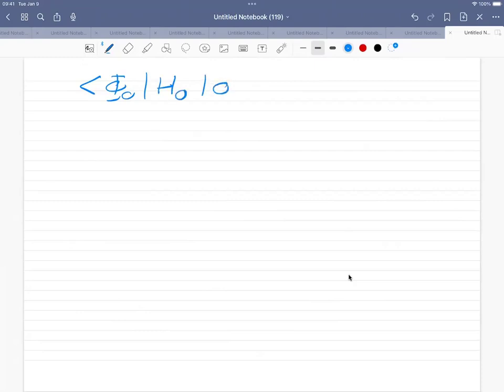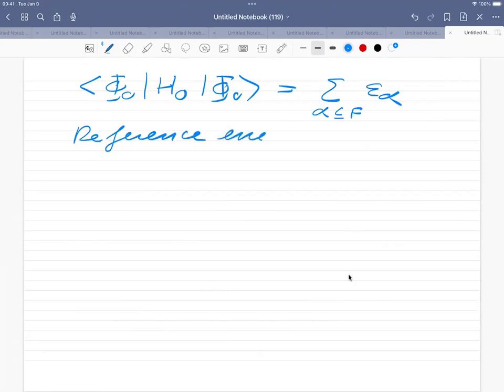If we take that one, we know that this one is equal to simply the sum over all the states up to the Fermi level. So this is normally called the reference energy, because we are calculating that with respect to the reference state or the new vacuum state, reference energy for H0. And this is a quantity which we called for an uppercase letter epsilon 0 here.